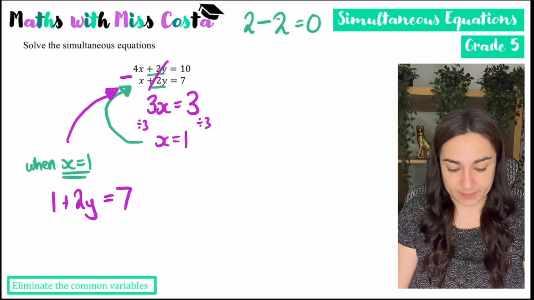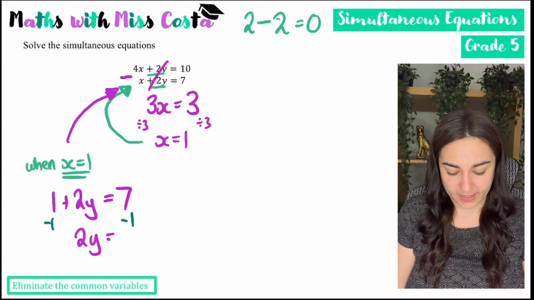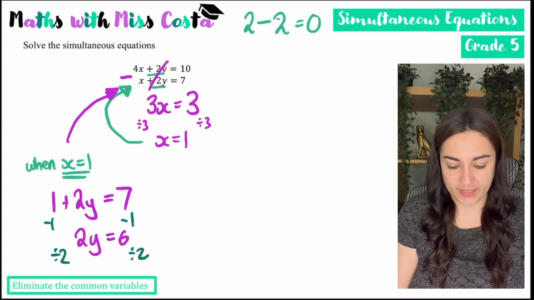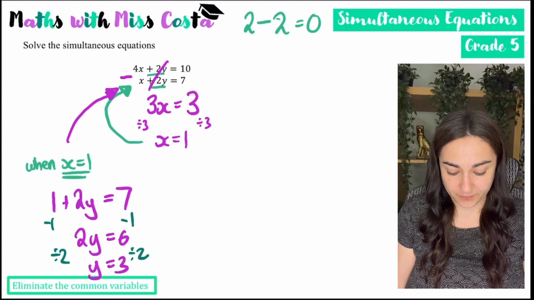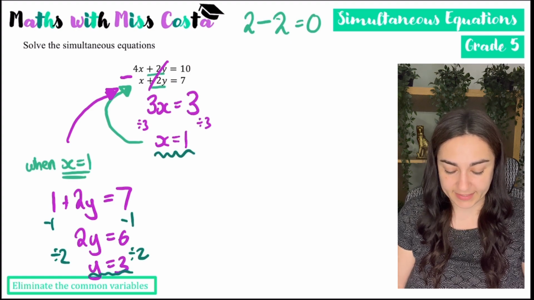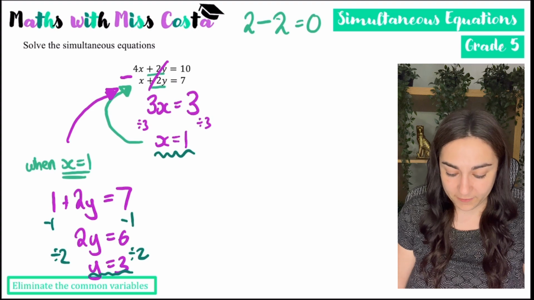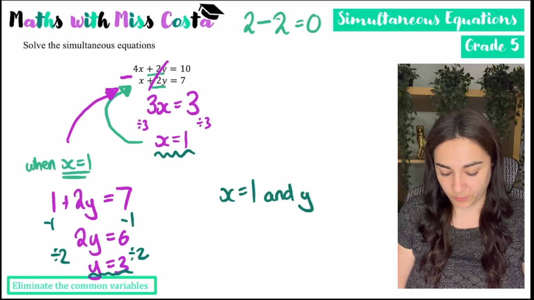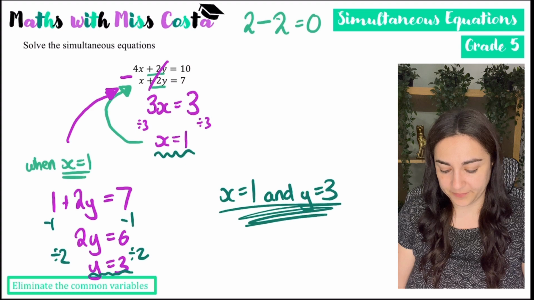So if I subtract 1 from both sides of the equation, I'm left with 2y equals 6, and then I just divide by 2, so y equals 3. Okay, so with simultaneous equations, you're always going to get two answers, the x variable and the y variable. So you'd say x is 1 and y equals 3.